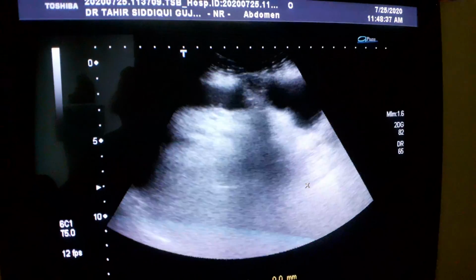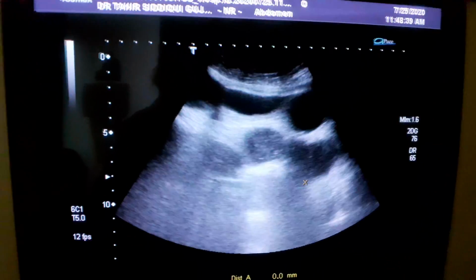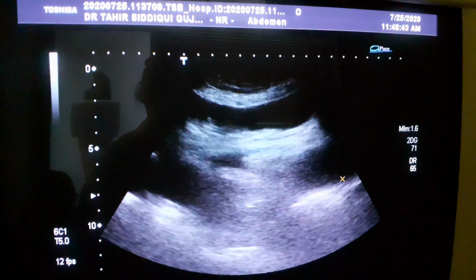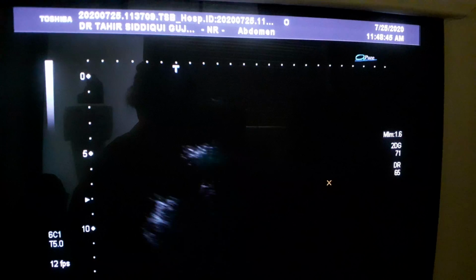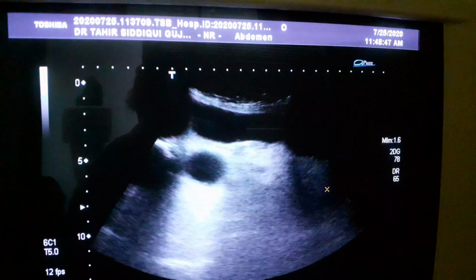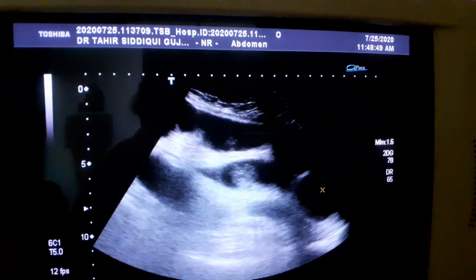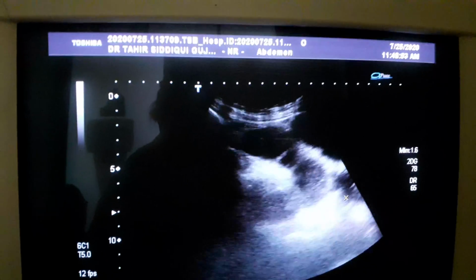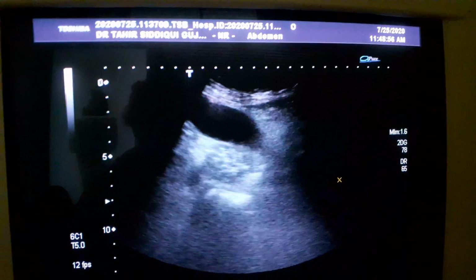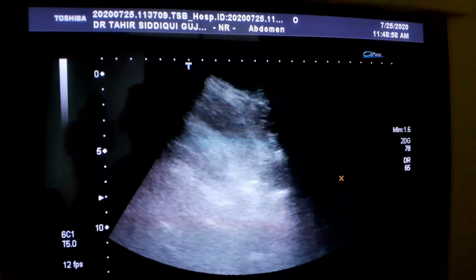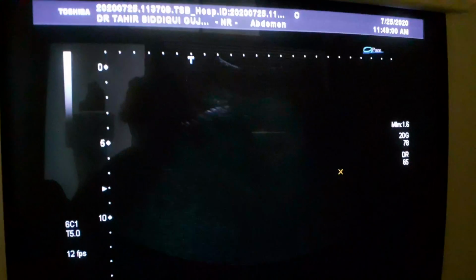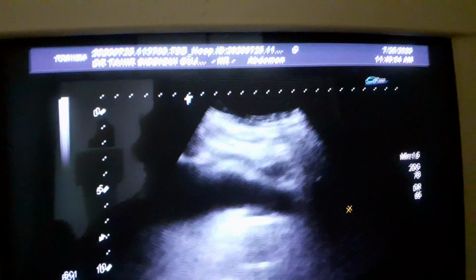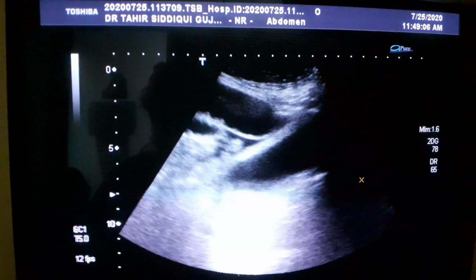But anyways, now as I come to the lower abdomen, umbilicus, this is the right abdominal quadrant, the left abdominal quadrant, and this is the lower abdomen.